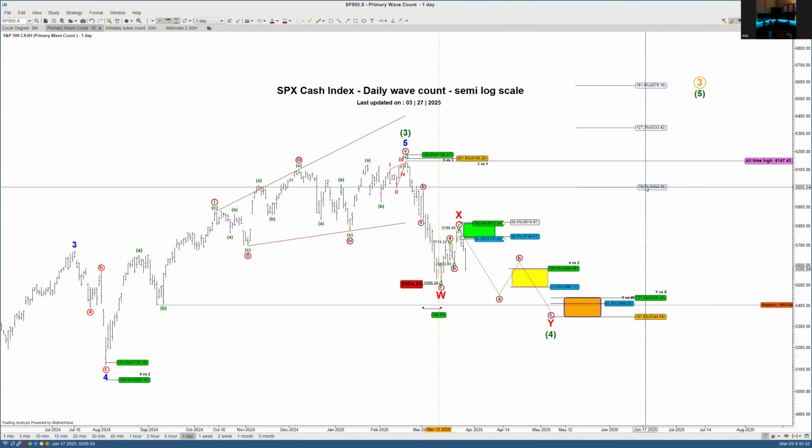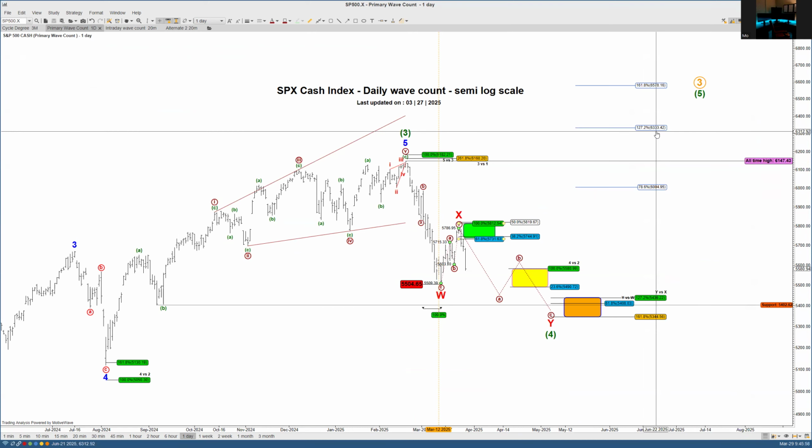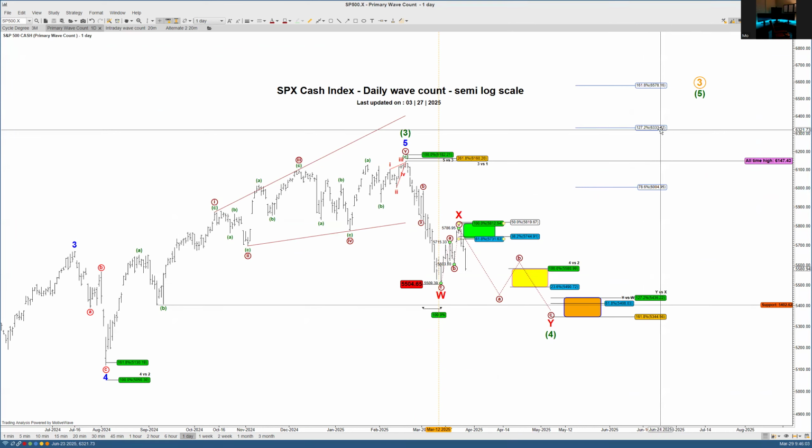This has to break to take out the new high, to make new highs, to get to 127 and 61.8. So we have 6,000, 63.33, and 65.78.